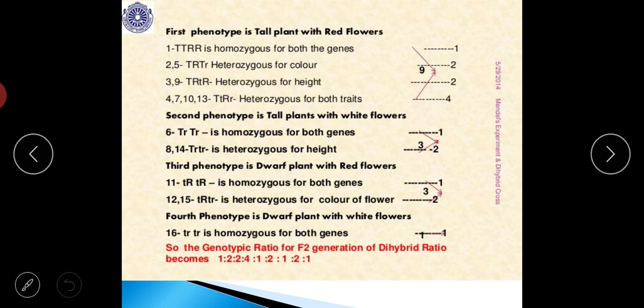These are heterozygous for both the traits, and 4 such individuals are produced. So put together, about 9 plants were produced having the tall plant condition with red flowers. And the second phenotype is tall plants with white flowers, and the progeny is produced in the following pattern, which you can see later.